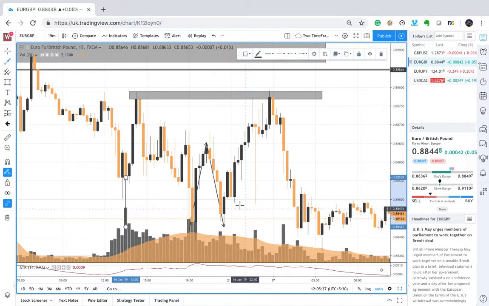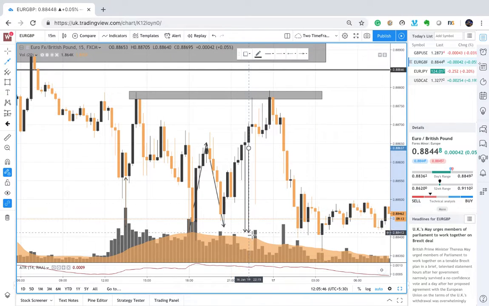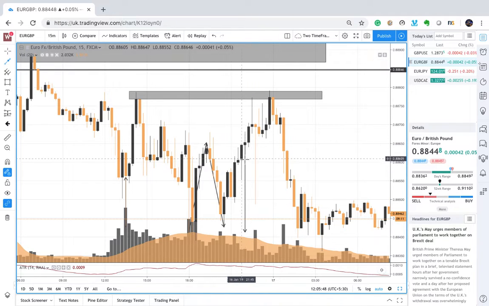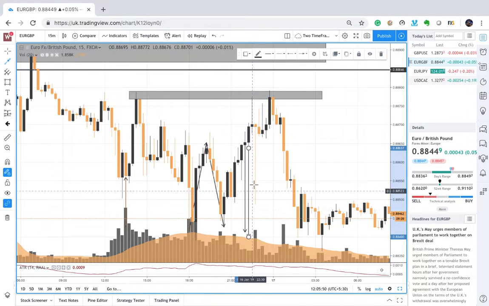Okay, so when the market made this happen, I was waiting for a good price, as I said. I was waiting for my supply to touch. So the market was making these moves, till this candle, and till this candle, still I was waiting for a good price.